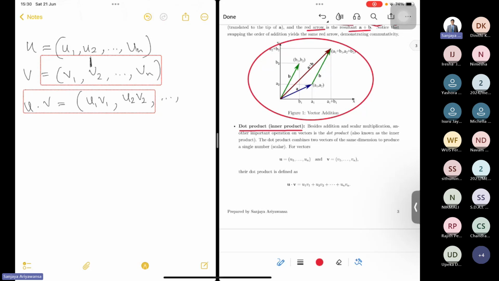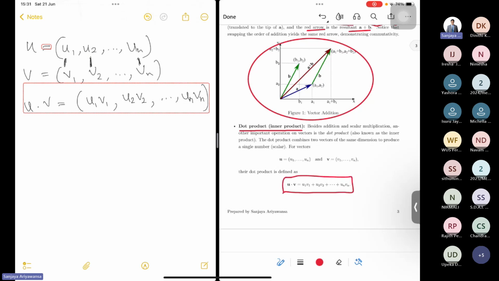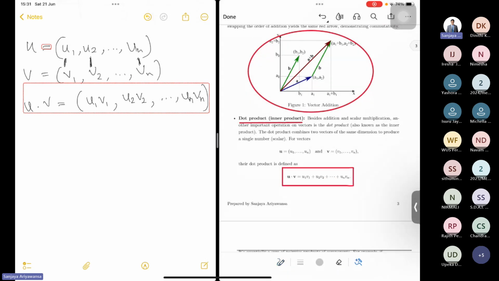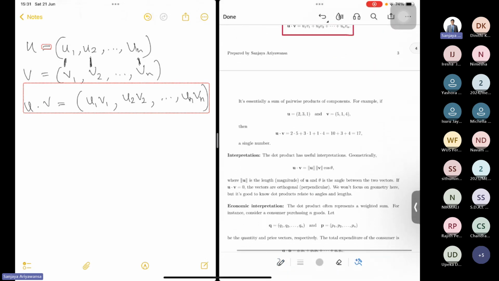Likewise, the final term is un times vn, you multiply the last two components. So this would be your dot product. The dot product is also important for us going forward. It's an important concept for you to learn.